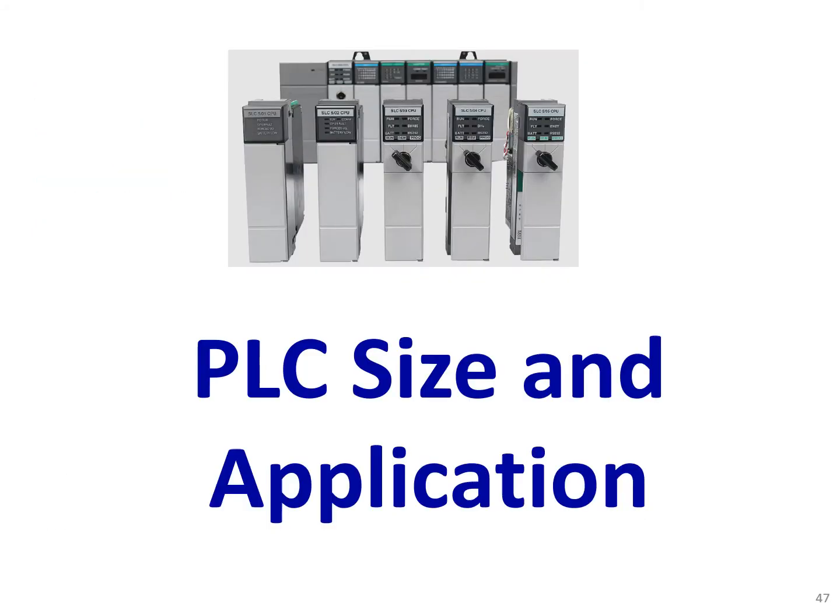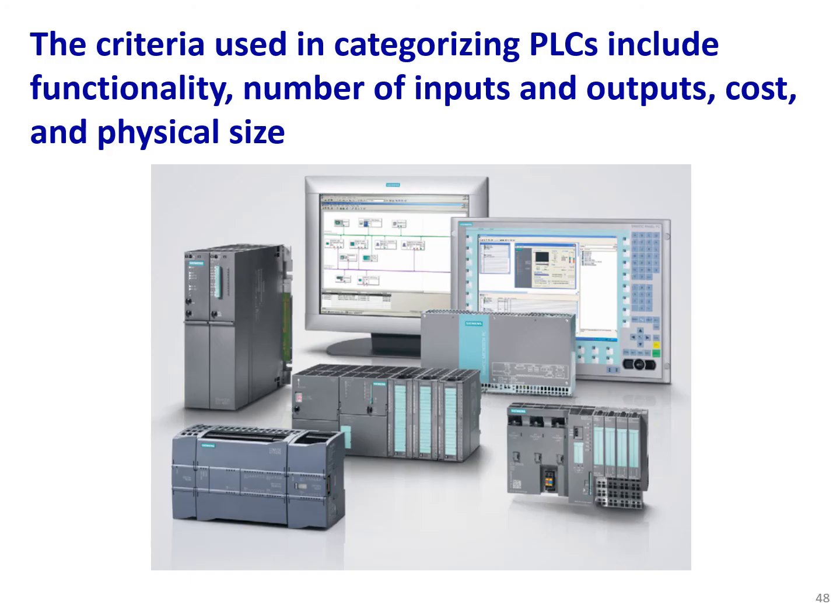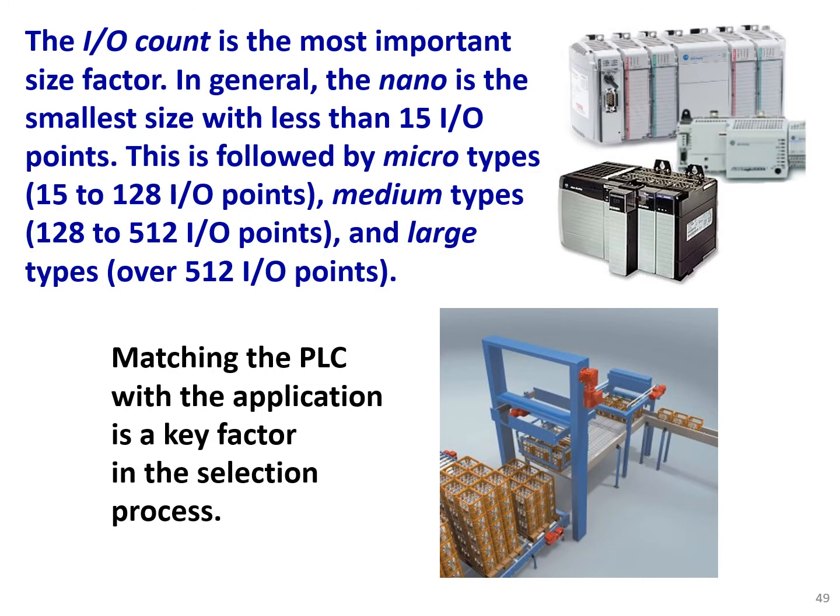PLC size and application. The criteria used in categorizing PLCs include functionality, number of inputs and outputs, cost, and physical size. The I/O count is the most important size factor.